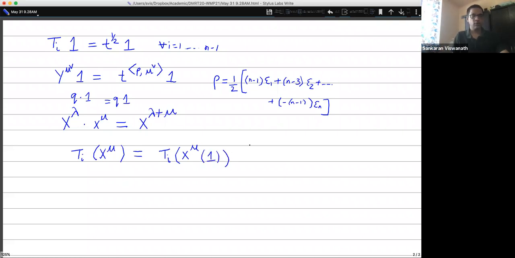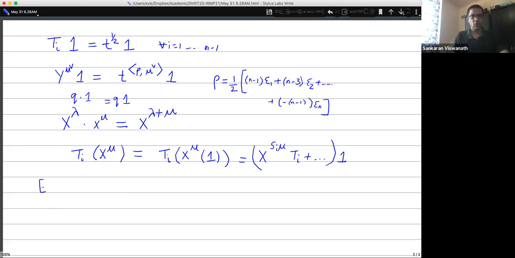You need to know the commutation relation between Ti and x^mu in the DAHA. When you move the Ti past the x, it becomes x^(si mu) Ti plus some additional terms, which I won't write down, acting on 1. And then you use that to figure out the answer. And we had explicit formulae for this action.